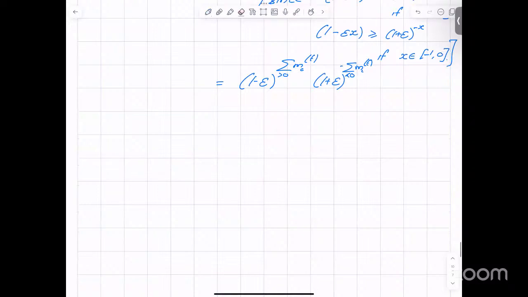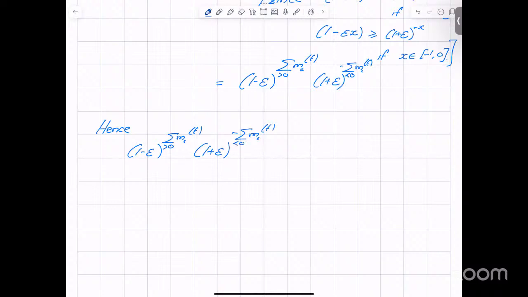Once again, comparing, hence, we have 1 minus epsilon to the summation of MIT greater than 0 into 1 plus epsilon to the minus MIT for less than 0.